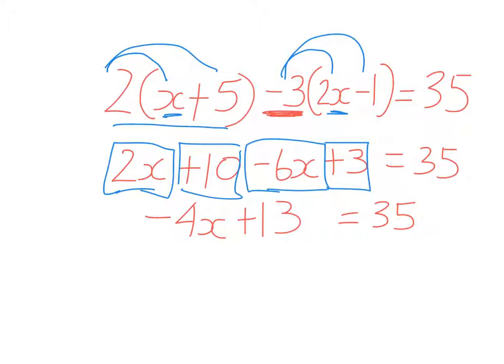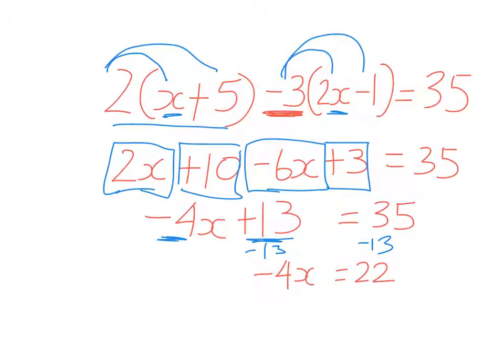So you know how to solve this. We've done all the hard work. I need to undo what's been done to x. So I've times x by minus 4, then added 13. There are no brackets in this equation, so I've done the multiplication first. So to solve, I'm going to subtract 13 from both sides, and I get minus 4x equals 22.